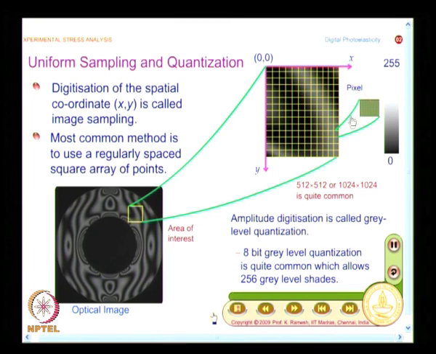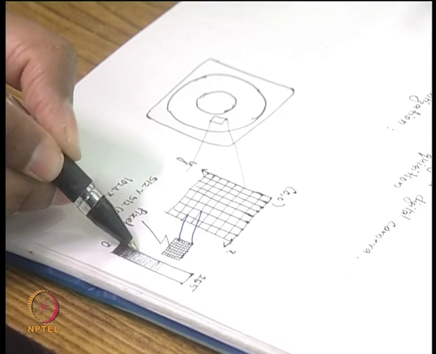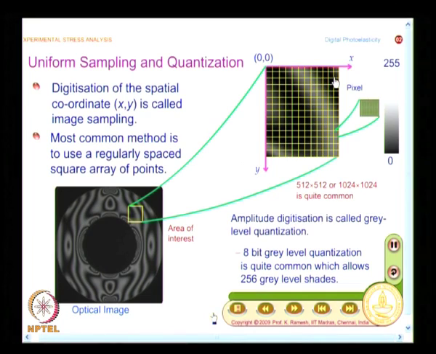And once you have a picture element, which is abbreviated as pixel, you are providing a number between 0 and 255, and this has come from 8 bit gray level quantization. If I have 16 bit, I will have many more divisions, but 8 bit is very common. So, the amplitude digitization is called gray level quantization. So, I will essentially have a number between 0 and 255 representing this image.